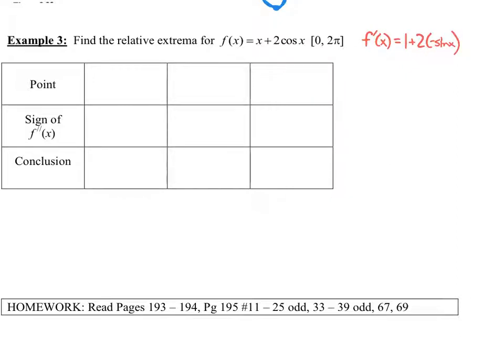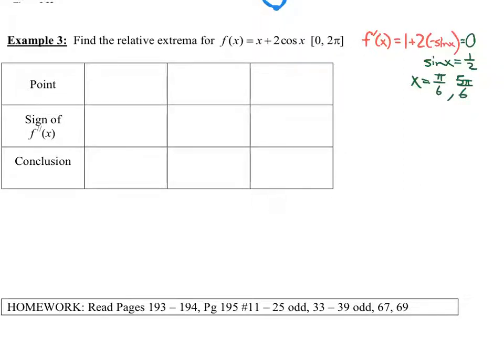Okay, so that's going to equal 0 when sine is a half. So from 0 to pi over 2, where does sine equal a half? Pi over 6 and 5 pi over 6. Good, first and second quadrants.